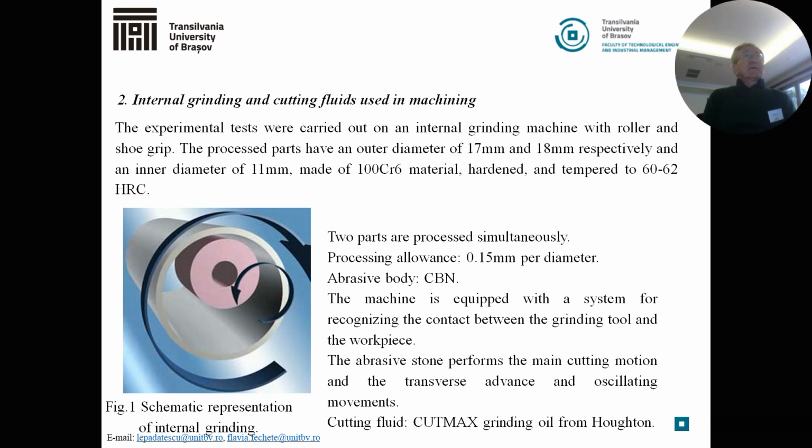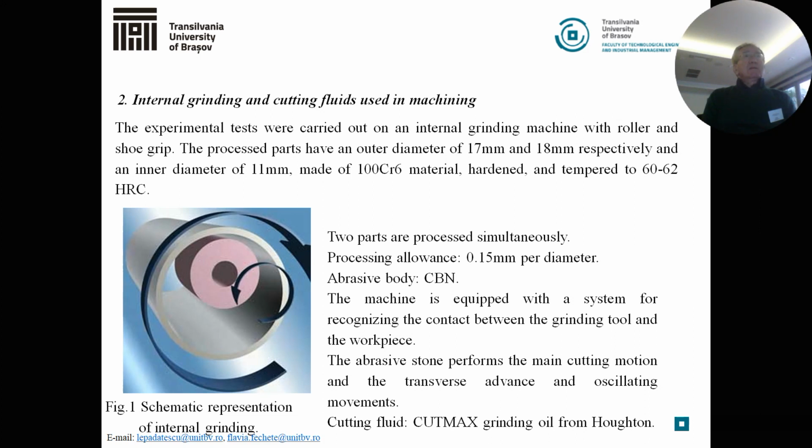Processing allowance is 0.50 mm per diameter, abrasive body CBN. The machine is equipped with a system for recognizing the contact between the grinding tool and the workpiece. The abrasive stone performs the main cutting motion, the transverse advance and the oscillating movement.